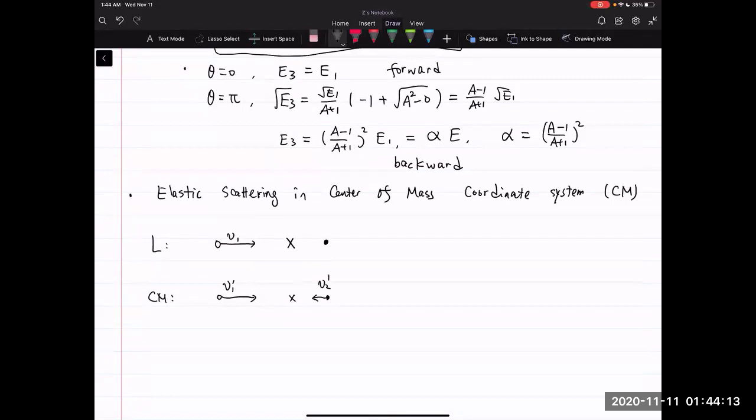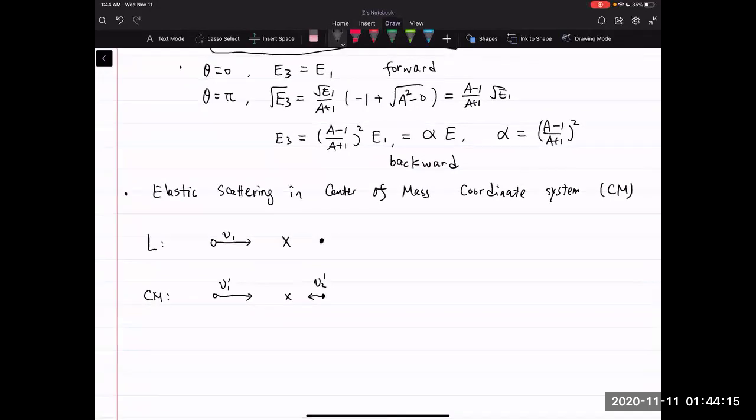After the collision, in the lab coordinate, we see particle 1 gets scattered and leaves with speed v3 at angle theta, and particle 4 has a recoil speed of v4. In the center of mass coordinate, things are much easier.